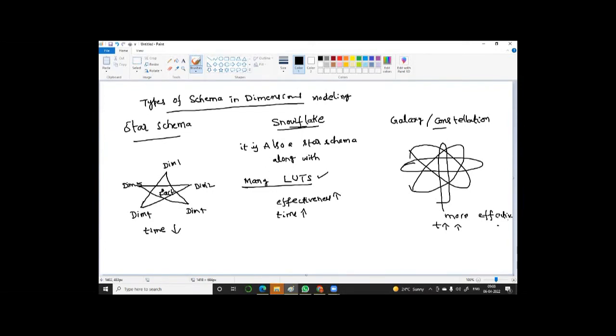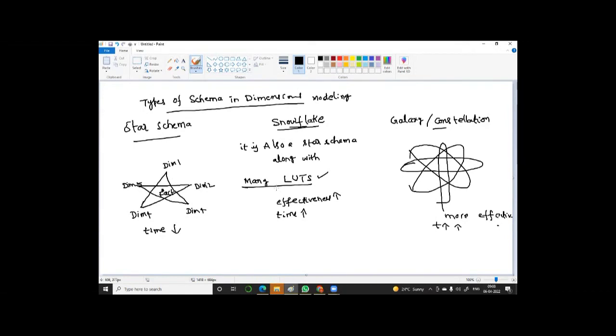With large data, many stars, tables and dimensions, a well-designed physical design may reduce time, but generally that is not possible. So time consumption grows from one schema to another, but effectiveness is also high. These are the three types of schemas in dimensional modeling.